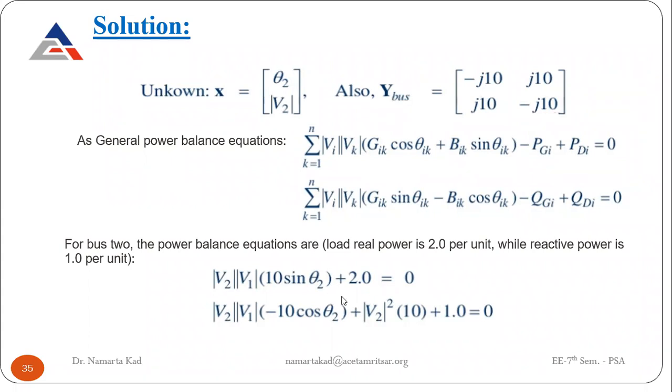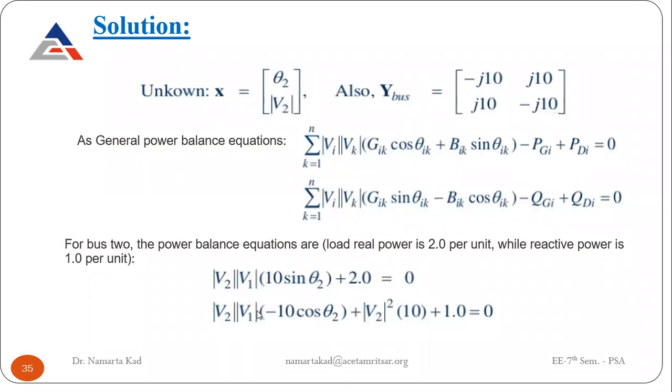Plus, there is no generated power on bus number 2, so PG comes out to be 0 and PD is 2. So plus 2, which is equal to 0 now.